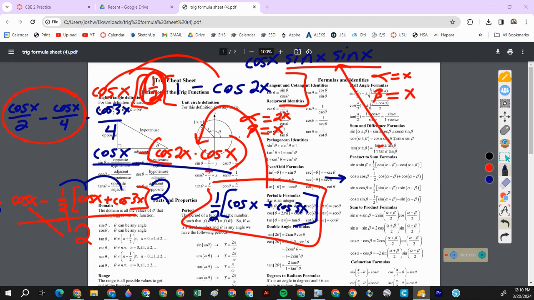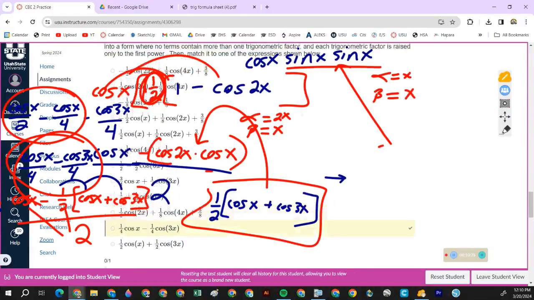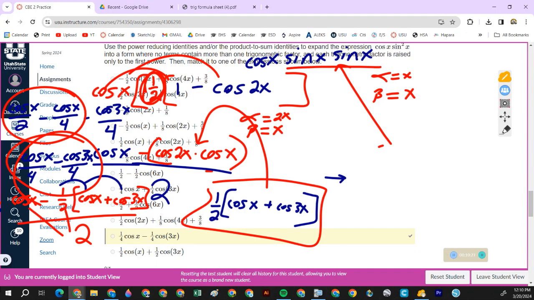And that will simplify down to 1/2 minus 1/4 is the cosine of x over 4 minus the cosine of 3x over 4. Let's see if that's what the answer says. All right, I love when I get it right on the first try.